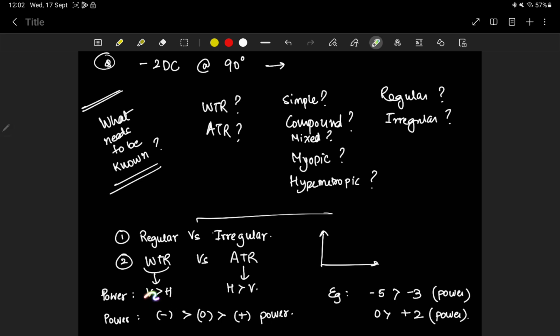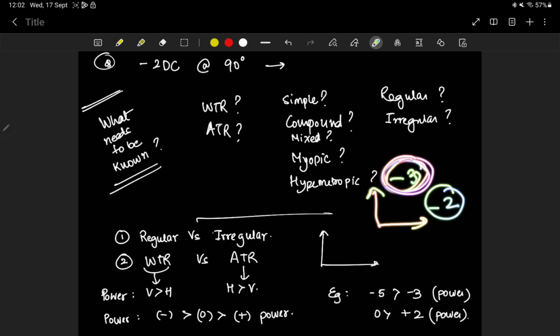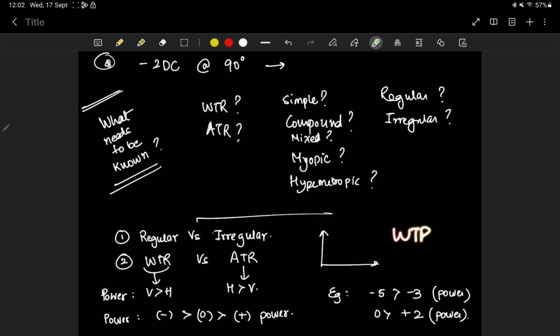So I said that if power in the vertical meridian is more than power in the horizontal meridian, it is with the rule astigmatism, as I've mentioned over here. And if power in the horizontal meridian is more than power in the vertical meridian, then it is against the rule astigmatism. Like if I draw -3 and -2, I can say that -3 has more power than -2 in the vertical meridian, so this is with the rule.